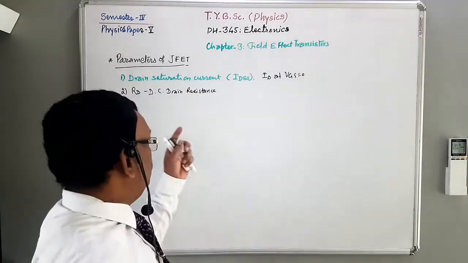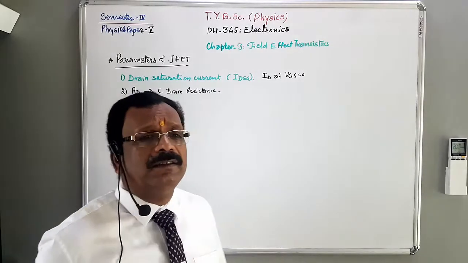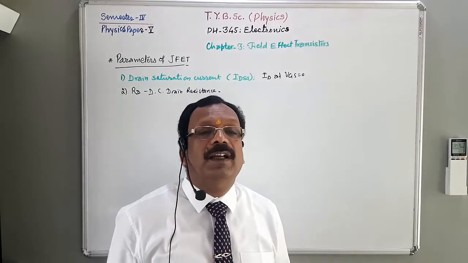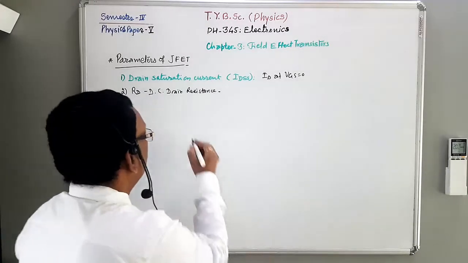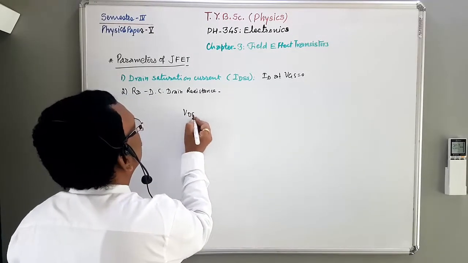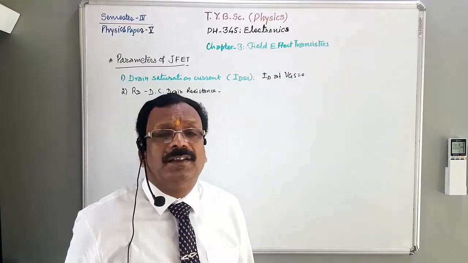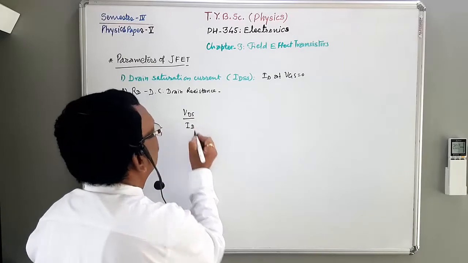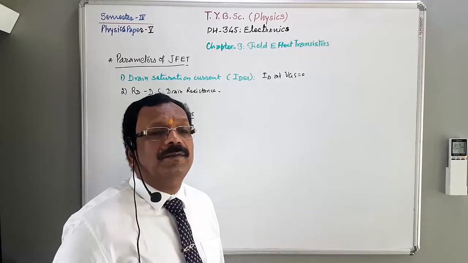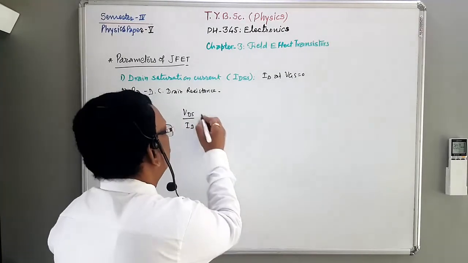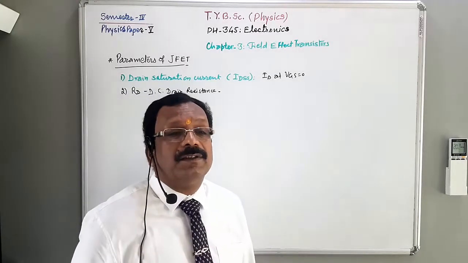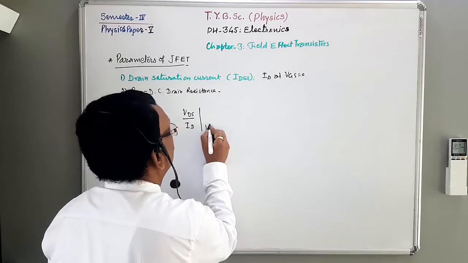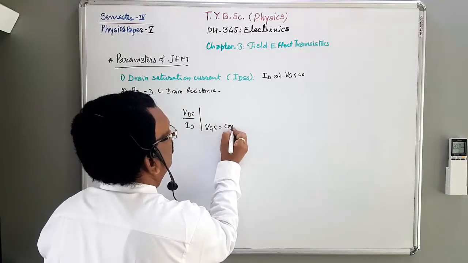This DC drain resistance RD is defined as the ratio of drain to source voltage, that is VDS, to the resulting drain current, that is ID, for a constant gate to source voltage, that is VGS is equal to constant.